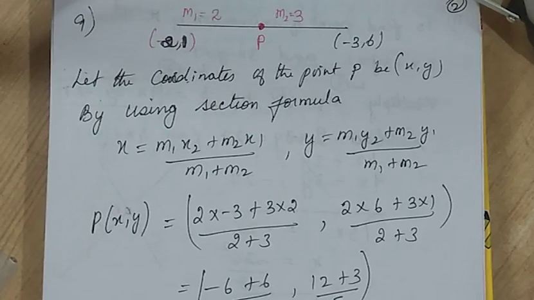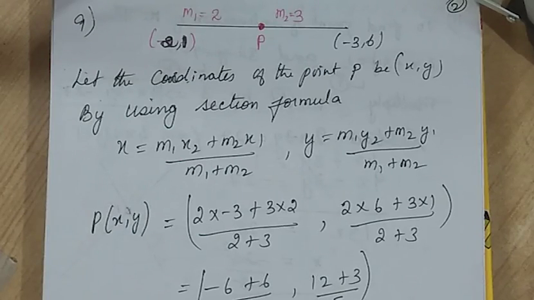See the sum number 9. The point P divides the join of (2, 1) and (minus 3, 6) in the ratio 2:3. Thus, P lies on the line x minus 5y plus 15 is equal to 0.